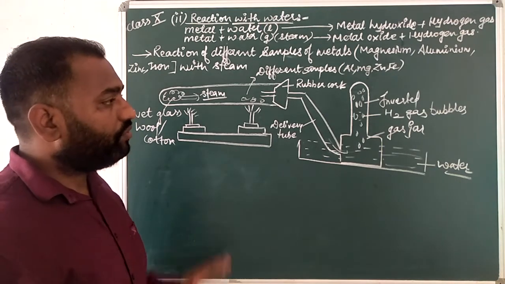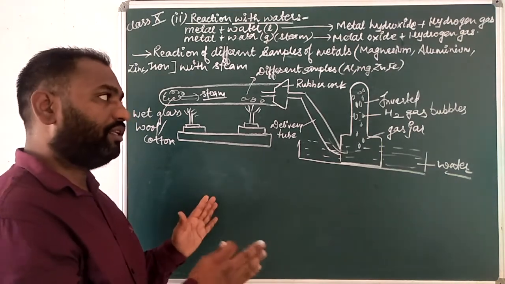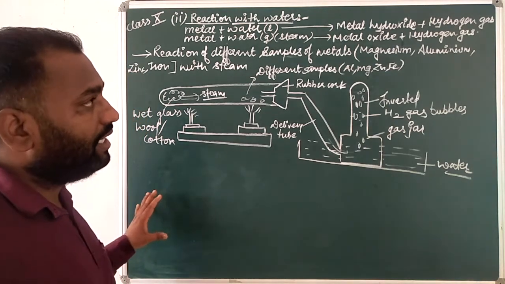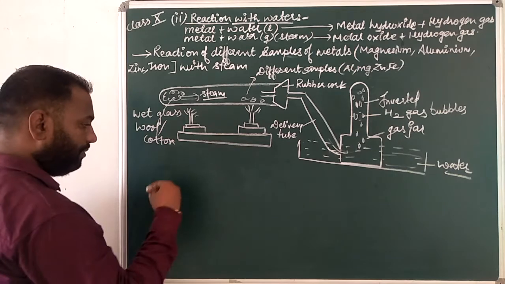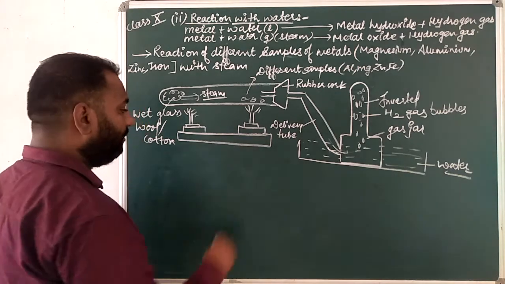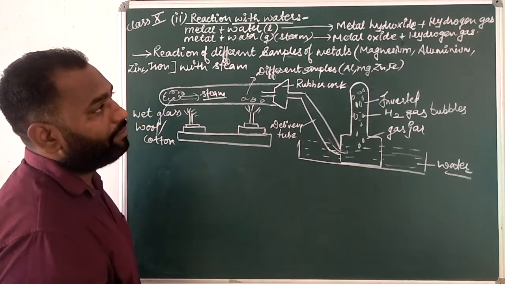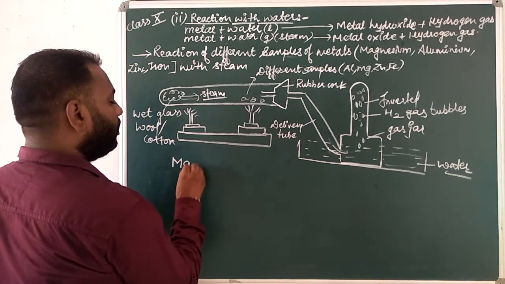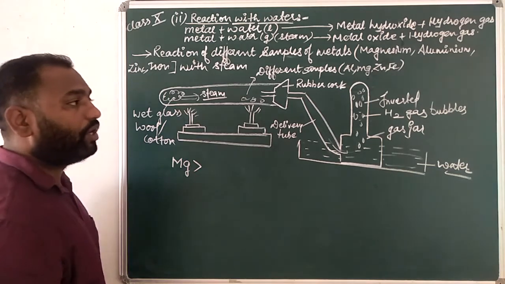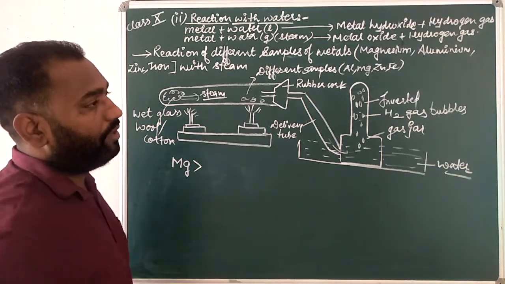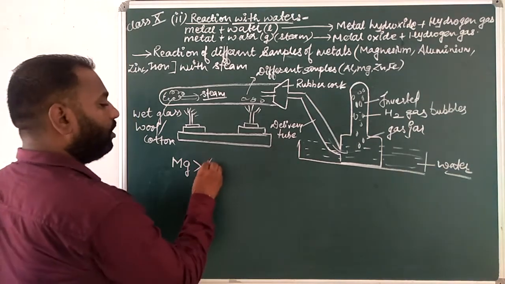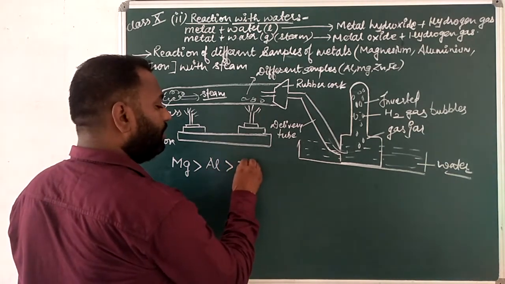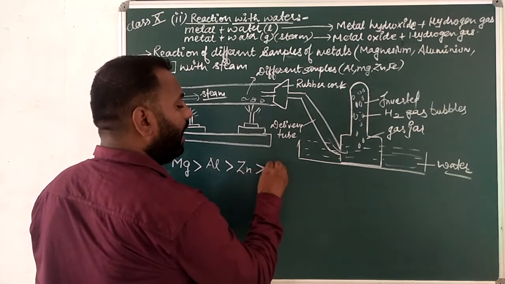You can see the observations for yourself, and you will get the conclusion that the most highly reactive among these metals is magnesium, because in magnesium there is quick formation of H2 gas bubbles, then in aluminum, then in Zn, and then in Fe.